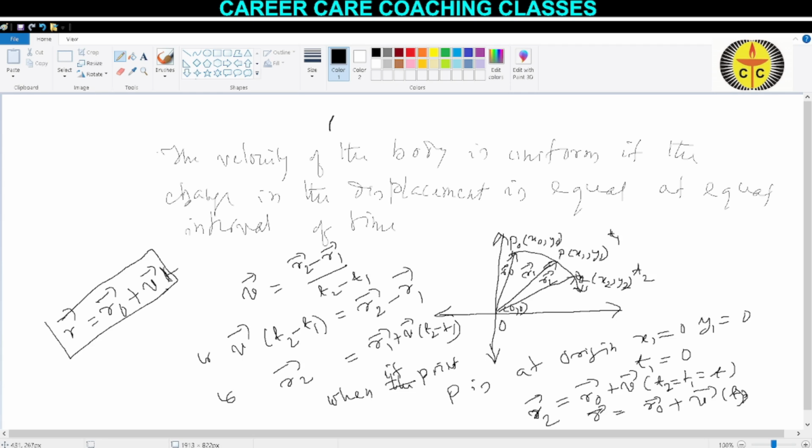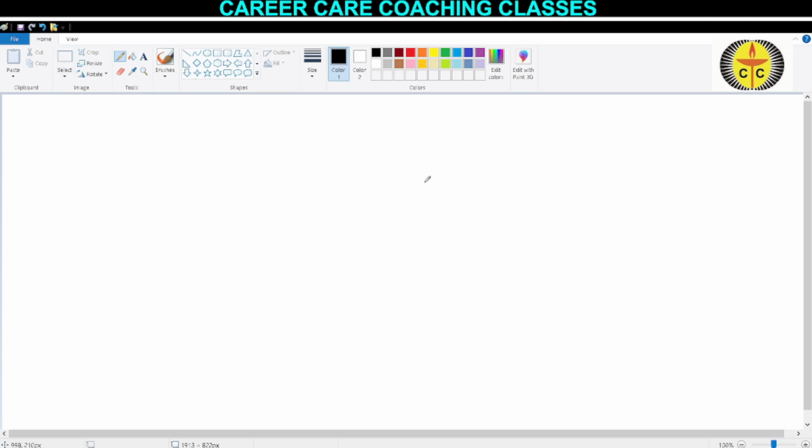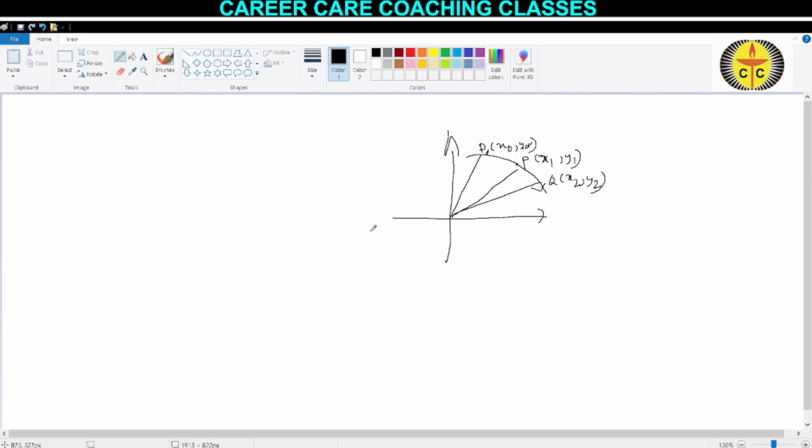And in this case, we can write these things in rectangular form. In general, x2, y2 will be x, y.